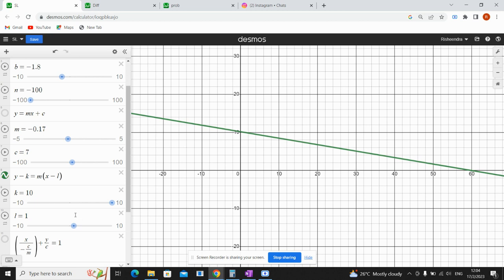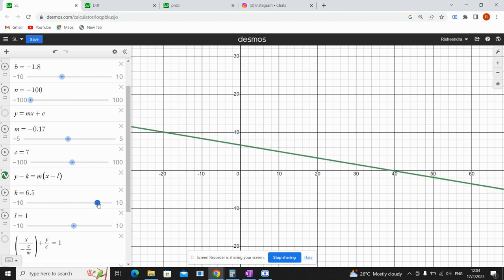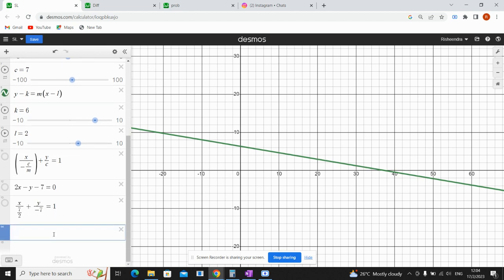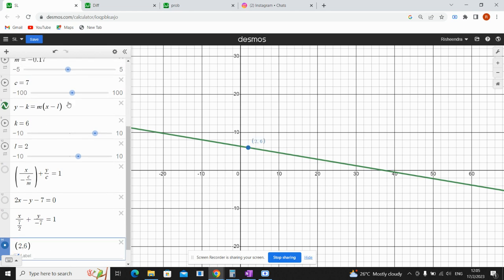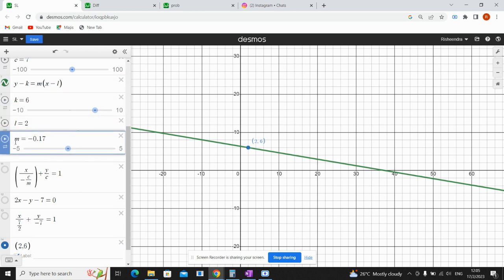Let's have the k value as 6 and the l value as 2, which means it passes through the point (2, 6). Let's label it, and let me get this m slider down here.